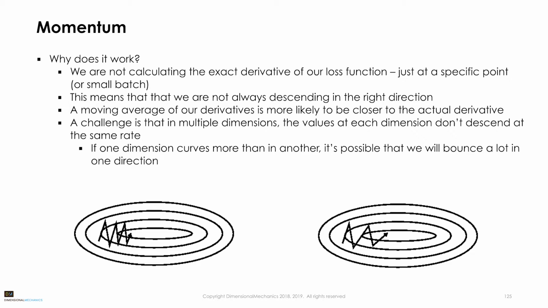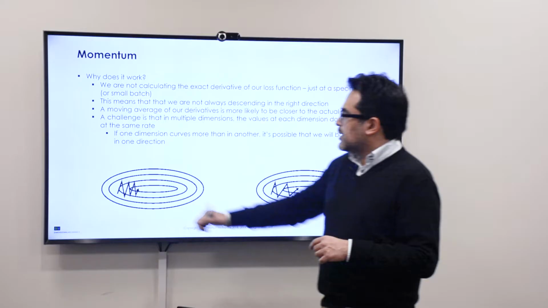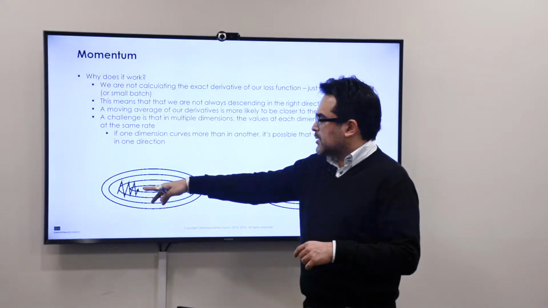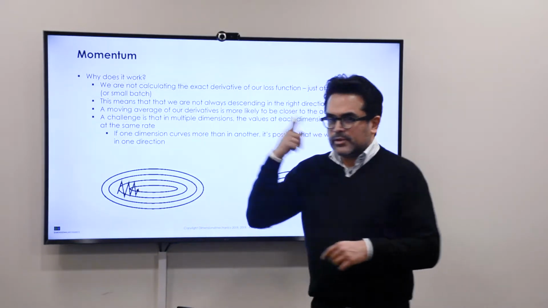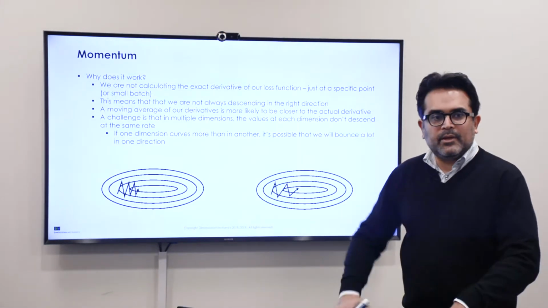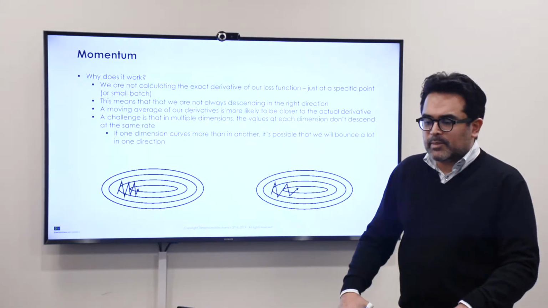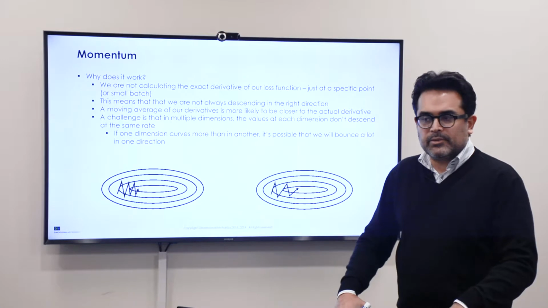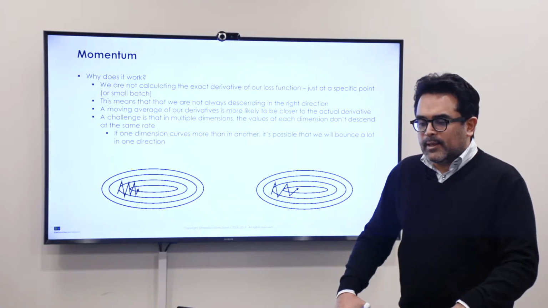So if you increase the momentum, it smooths out how you actually get to the minimum, which gives you a better chance of getting the real derivative.